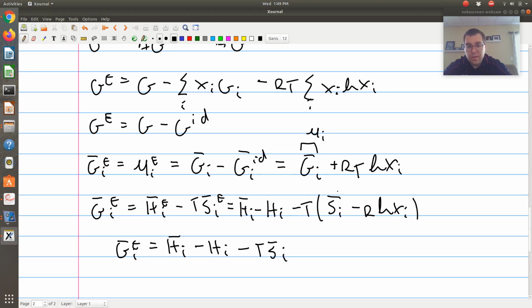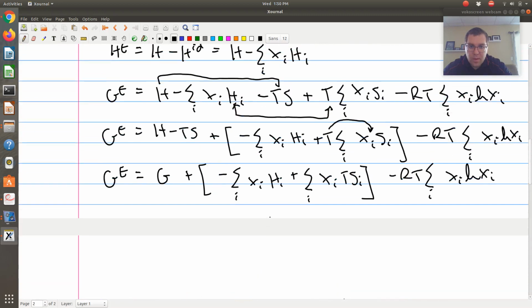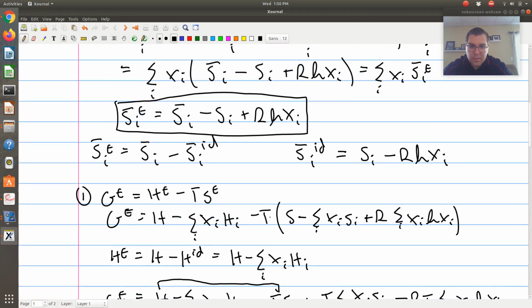Hold on. Please pardon me, allow me to redo this one just to make sure I'm not goofing up. So H bar iE would be, in an ideal solution, my partial molar enthalpy is just my pure component value. So that's where I have H bar i minus Hi. Now S bar iE, we worked that out up here.